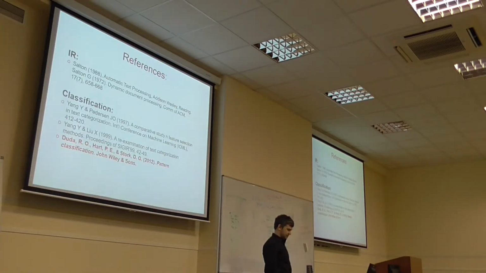References. I like this. The last one is the most interesting thing. It's quite an easy to read book. I guess you can download this book, read the whole book, and after that you know quite enough, at least for implementing real-world machine learning systems and understanding how it works.